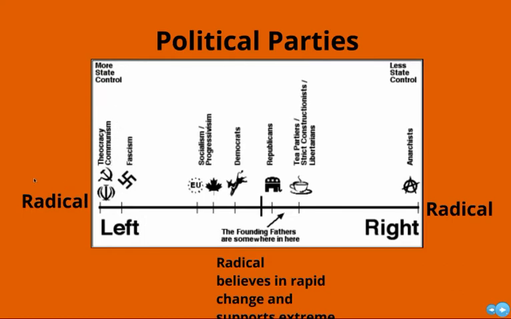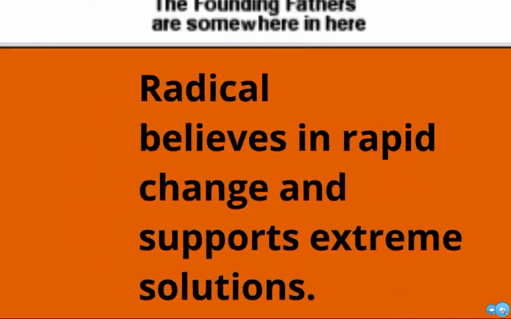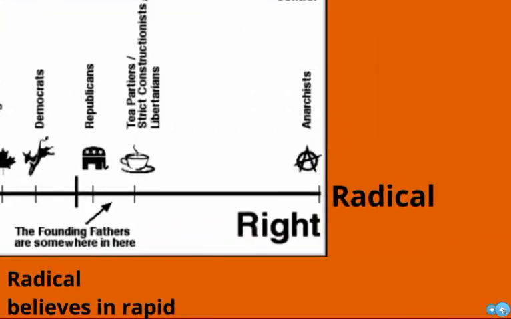And the same thing with anarchy. Obviously it says here less state control, and the idea of anarchy is to have no government. So really, when you go to the far ends of the political spectrum, instead of just a straight line, you kind of get this odd circle where they both want no government.